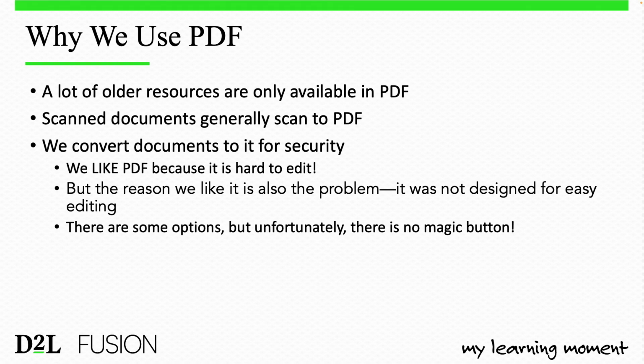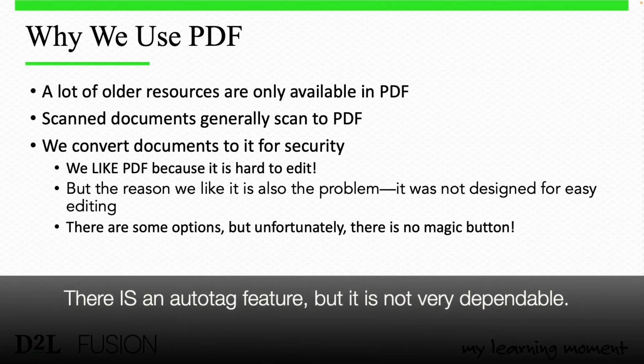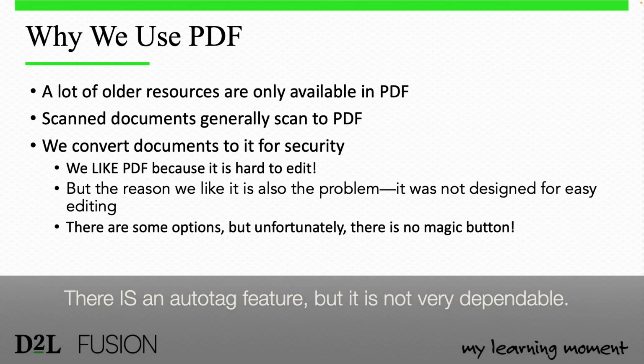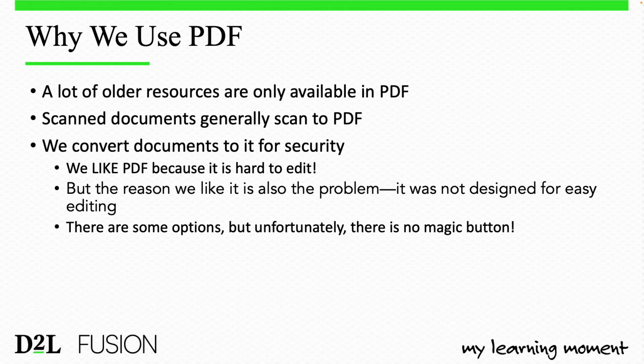You can do editing, but when it comes to accessibility and to tagging a PDF, there is no magic button built into Adobe that makes it easy to add things like heading structures or other types of accessibility features. In fact, it can take a very long time.